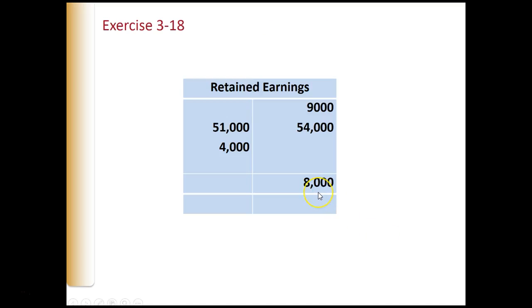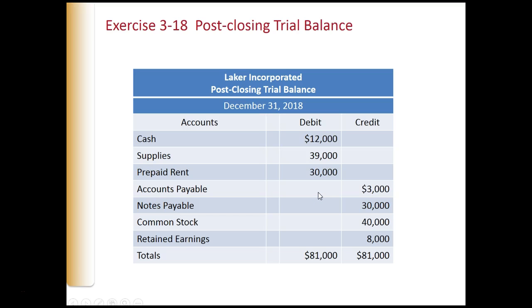The new balance of $8,000 is how we get the retained earnings. Once again, we total our debits and total our credits to make sure we balance, and this allows us to be ready for the next period.